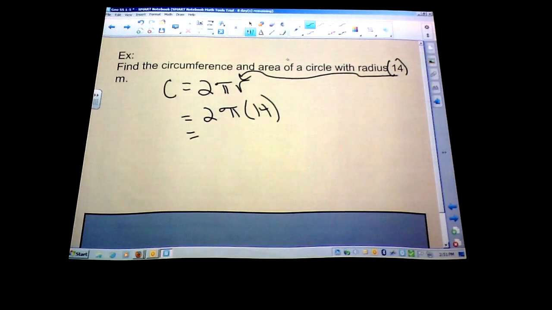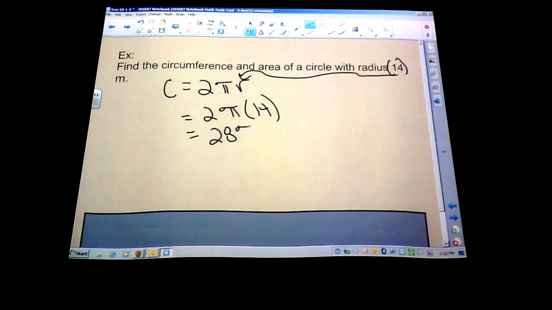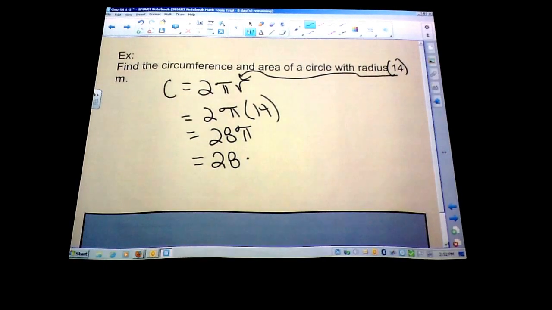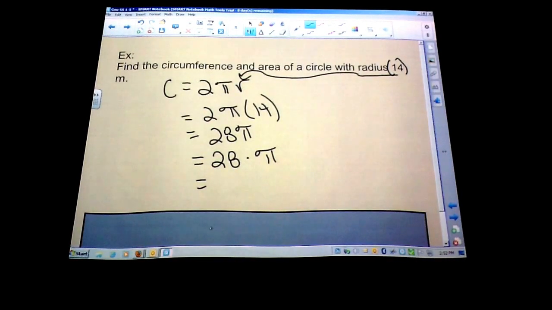And now make sure you read your directions, because sometimes they'll just leave it in terms of pi, but I'll take 2 times 14, which is 28 pi, and then if they wanted me to put it to the nearest foot or something like that, well, I would type into my calculator 28 times, then I want to find that pi key on my calculator so that it will kick it out for me.